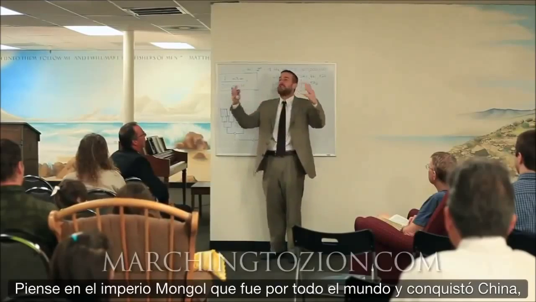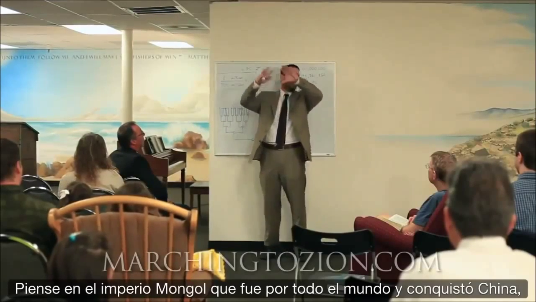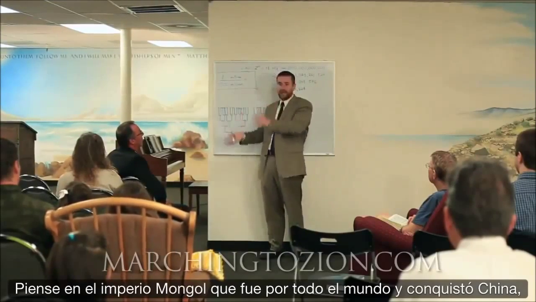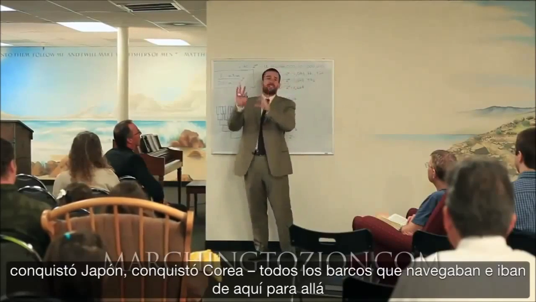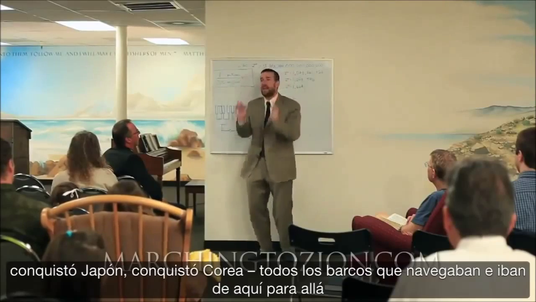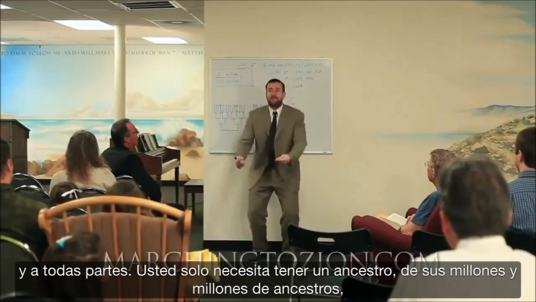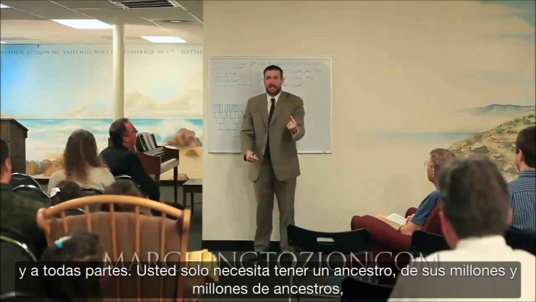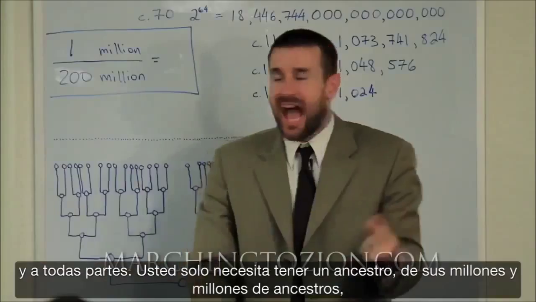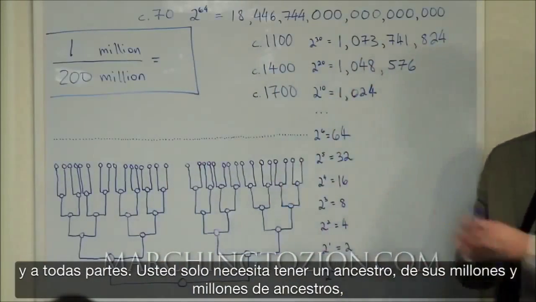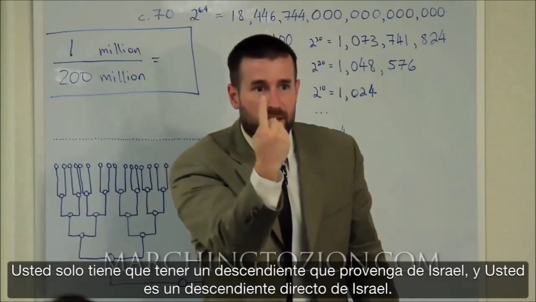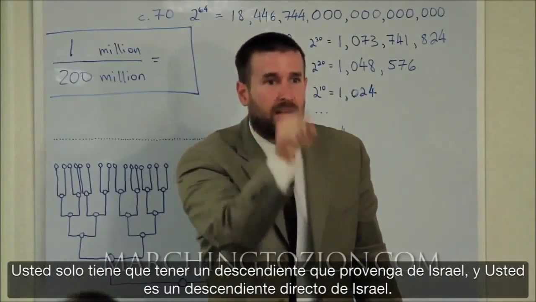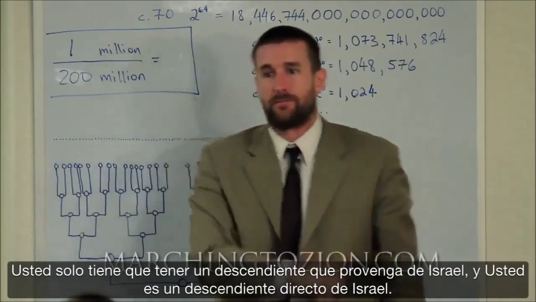Even, you think of the Mongolian Empire that went all over the world and that conquered China, that conquered Japan, that conquered Korea. All the ships that sailed and went here and there and everywhere. You only have to have one ancestor. Out of your millions and millions of ancestors, you only have to have one that descends from Israel. And you are a direct descendant of Israel today.